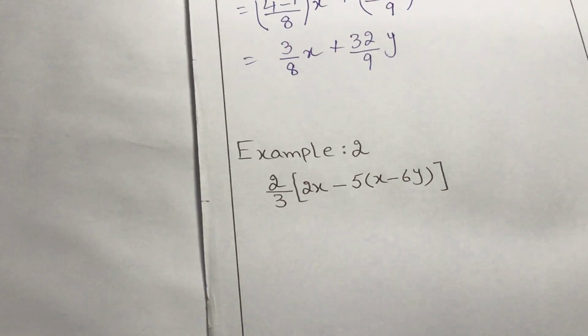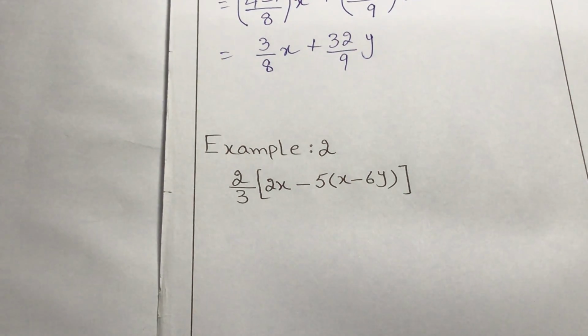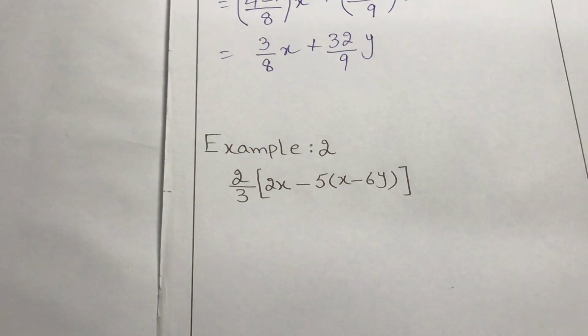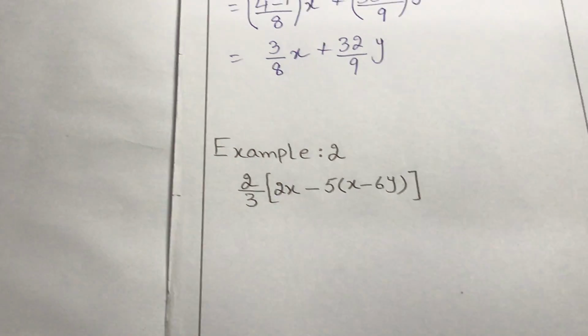In the second example, you can see here we have two pairs of brackets involved, the round bracket and the square bracket, right? And we have discussed in our rules that if there is more than one pair of brackets involved, then we will solve the innermost bracket first, right?